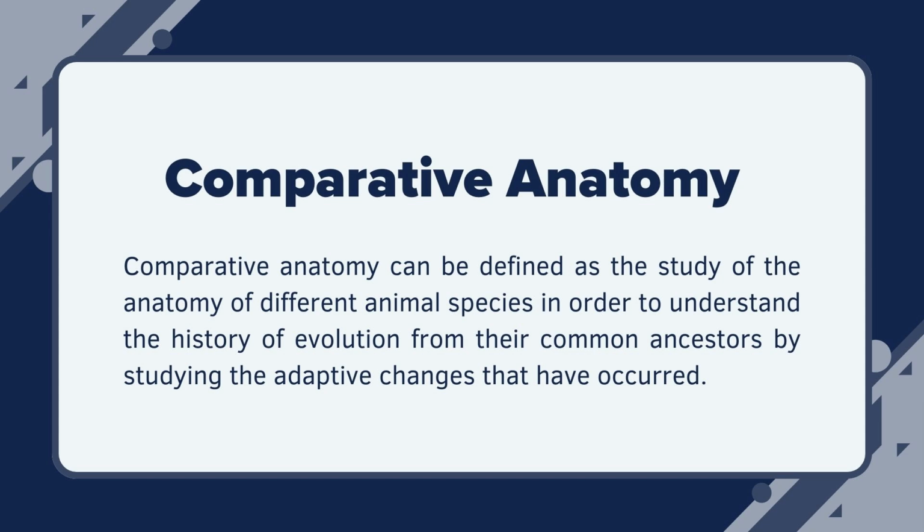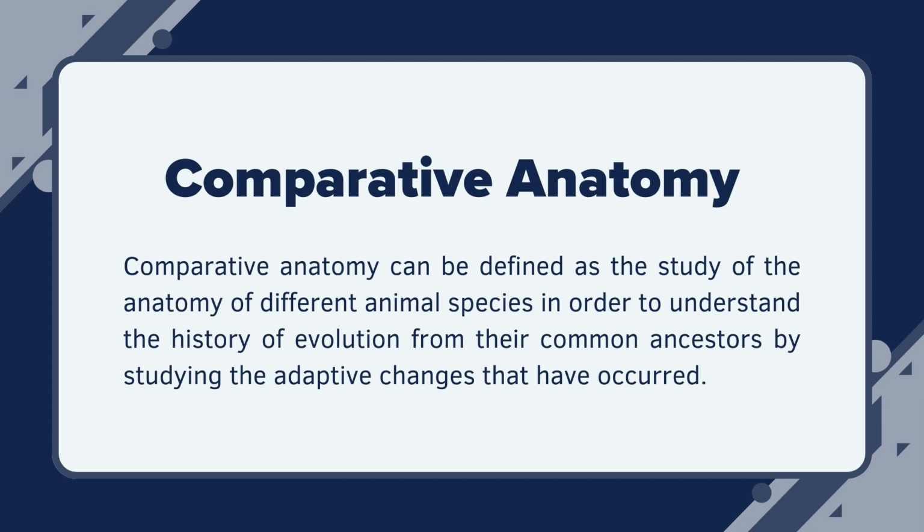Comparative anatomy. Comparative anatomy can be defined as the study of the anatomy of different animal species in order to understand the history of evolution from their common ancestors by studying the adaptive changes that have occurred. It is the study of the similarities and differences in the structure of different species.